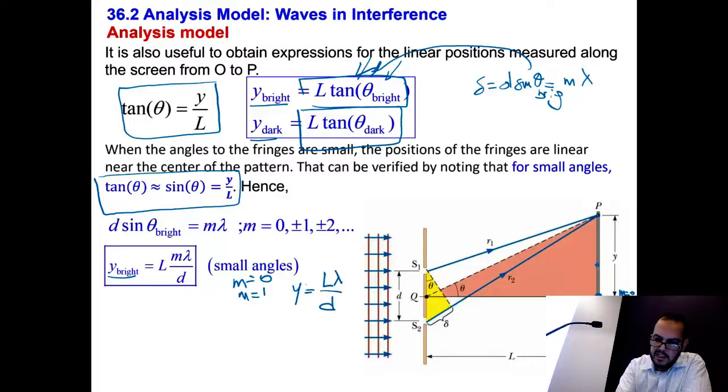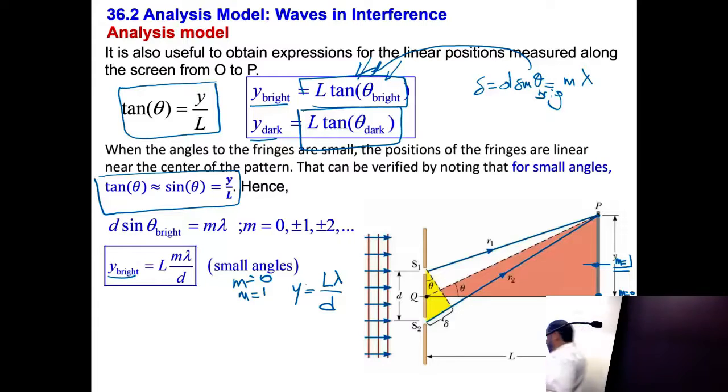So this is the second bright spot, for which m is equal to 1. You can see the order number is different from the fringe number. This is the first fringe, which is at the center. This is the second fringe. But the order number m is 0 here and 1 here.